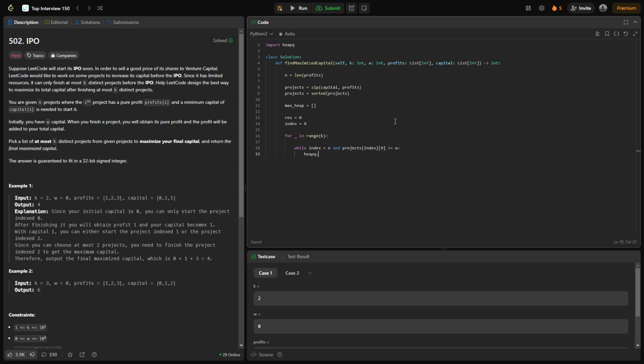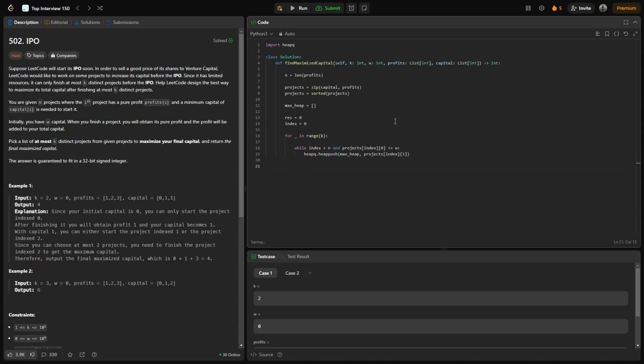then I can say heapq.heappush, and then I can pass in the max heap and my current project's index and its profit. So profit would be at first index. So that's the idea.